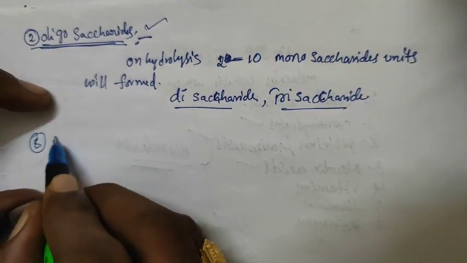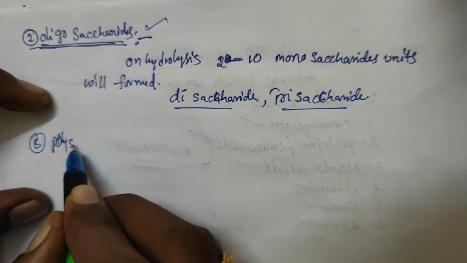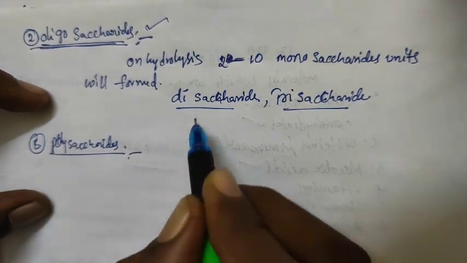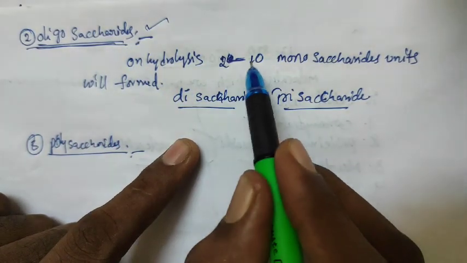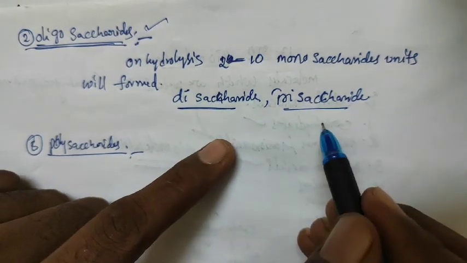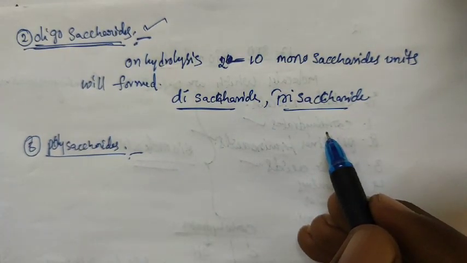Oligosaccharides give 2 to 10 monosaccharides, and the names disaccharide and trisaccharide are formed.